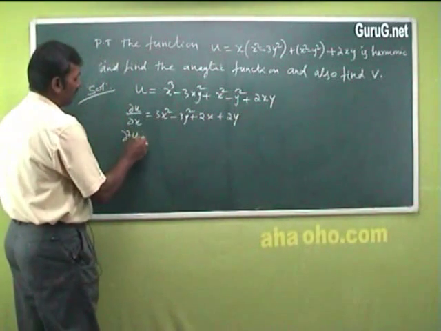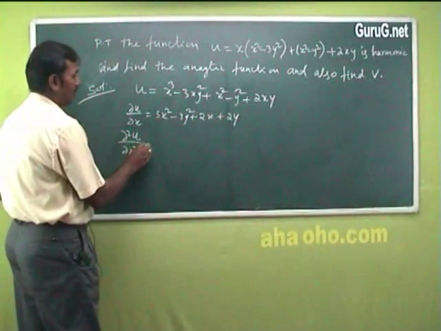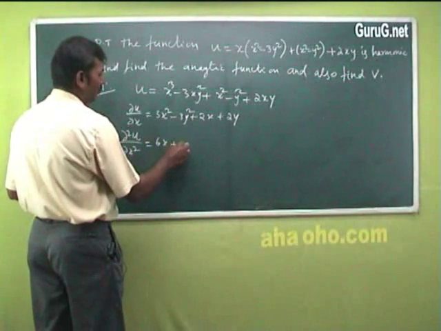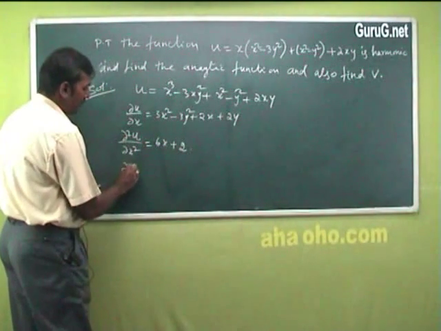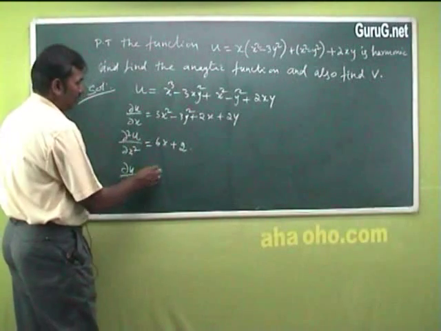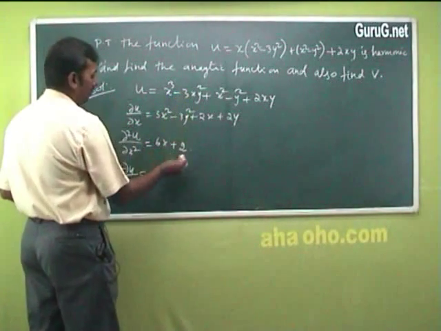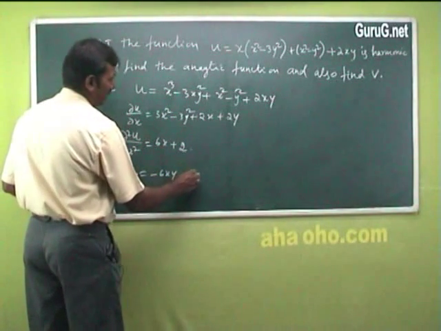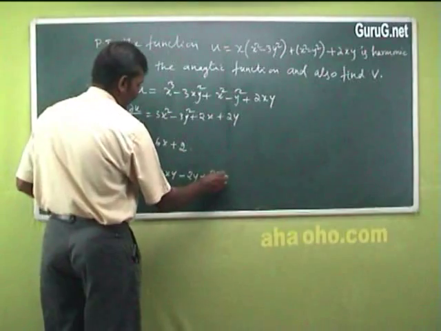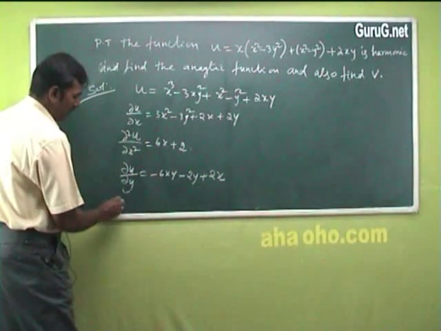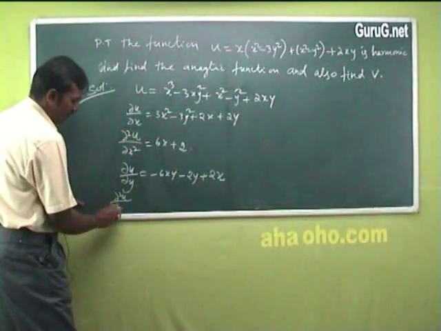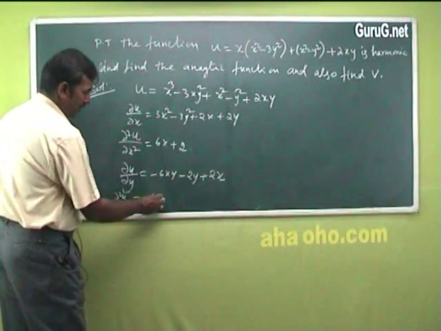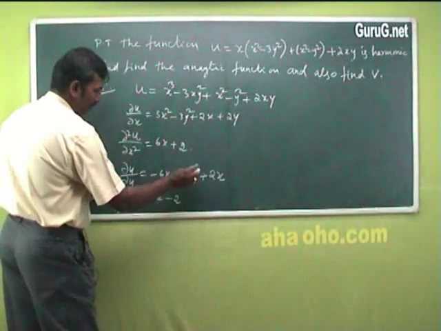Again differentiating, ∂²u/∂x² equals 6x plus 2, right? Then differentiating partially with respect to y, ∂u/∂y equals minus 6xy minus 2y plus 2x. Again differentiating with respect to y, ∂²u/∂y² equals minus 6x minus 2, right?